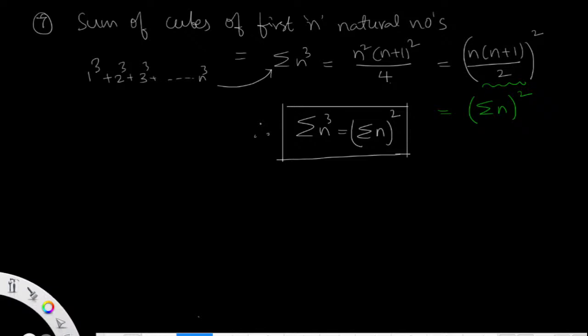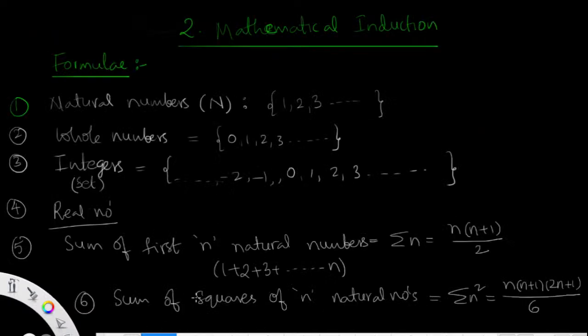Basic formulas first you have to learn. Nana, write down first once again: what are natural numbers, whole numbers, integers, real numbers, all positive and negative, the whole thing is said to be real numbers.